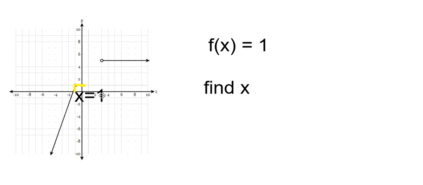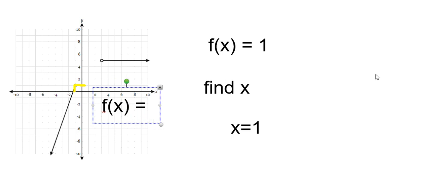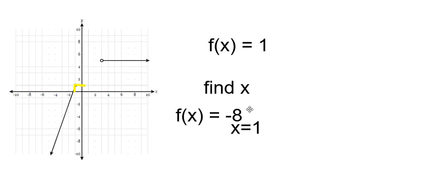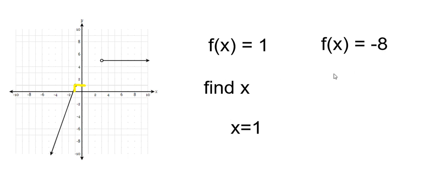All right, so we could do another one of those. Let me look for another one. How about f of x equals negative 8? And then they're saying find x, find the place where the function equals negative 8.